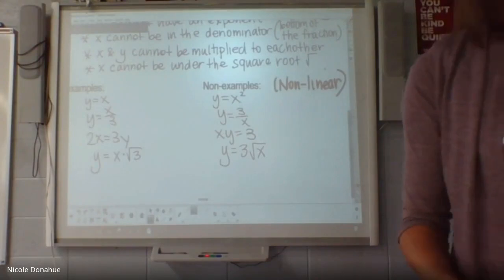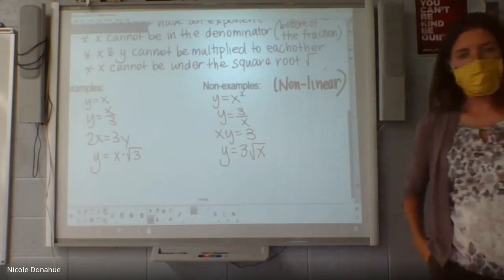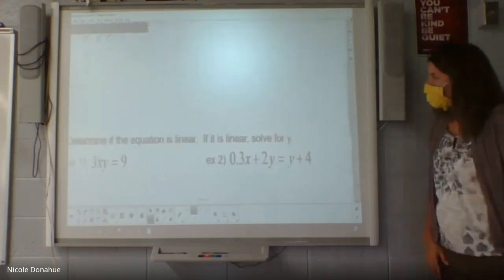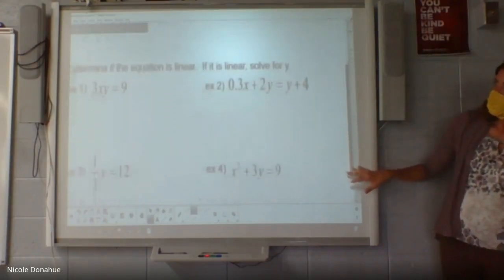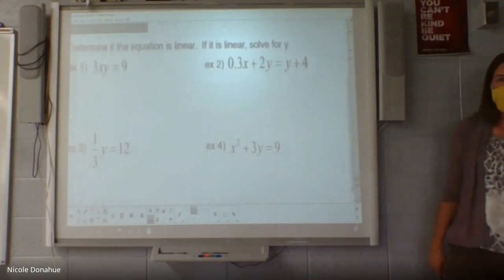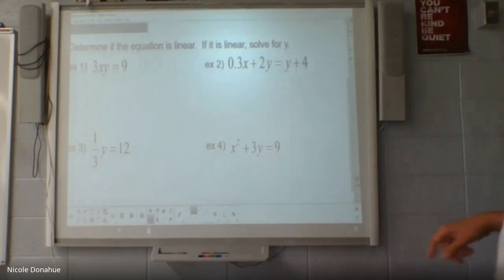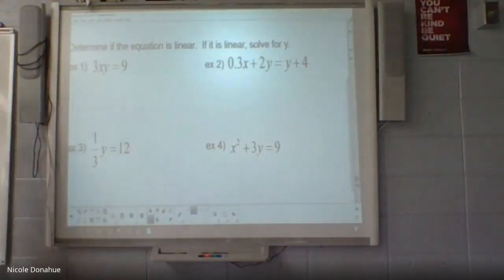So if you go down to the bottom examples, look at those and try to decide using our criteria, are they linear or not linear? It says, if it's linear, solve for y. So if it's linear, then we want to get the y alone. Take a minute and decide if you think they're linear or not linear.